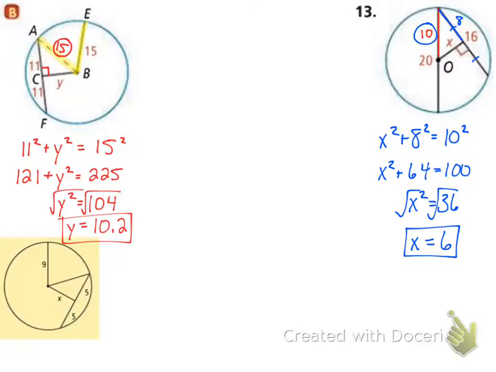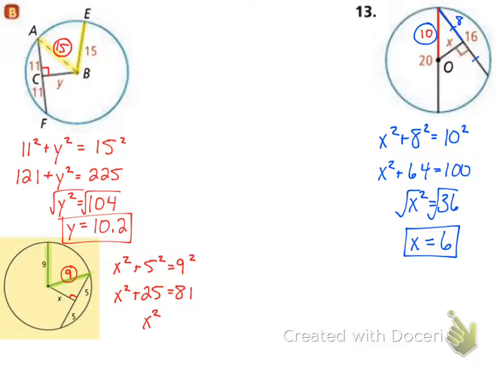And then with the last one, again, similar to the one right above it, 9 is my radius, which means that this is also going to be 9. So go ahead and put a 9 in there. The x is going through the middle of a circle, and so there's my 90-degree angle. 9 is my hypotenuse, so I'm going to go x squared plus 5 squared is equal to 9 squared. x squared plus 25 is equal to 81.